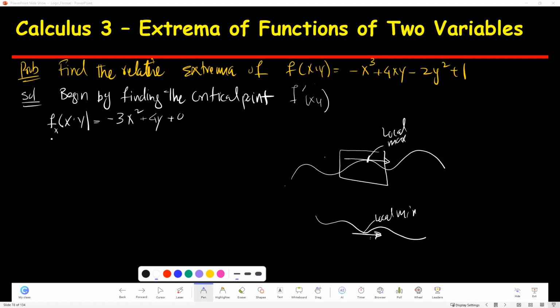The second thing we're going to do is take the derivative with respect to y, and it's going to be 4x minus 4y. The rest becomes 0.